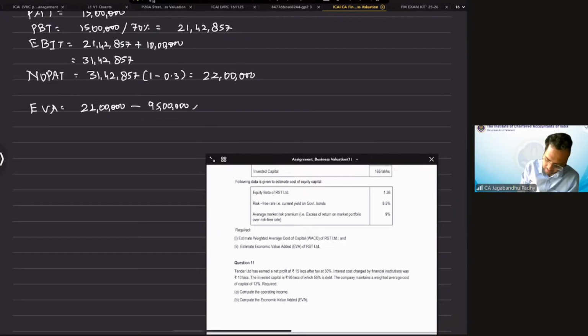So 95 lakh into 13% is 12,35,000, and 22 lakhs minus that.